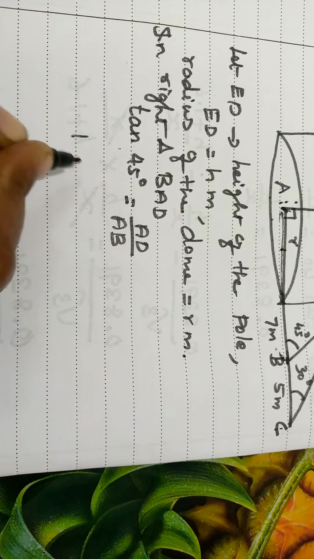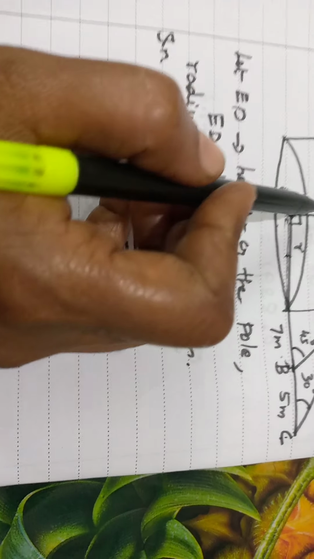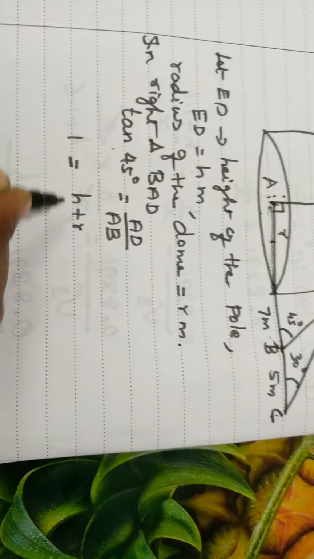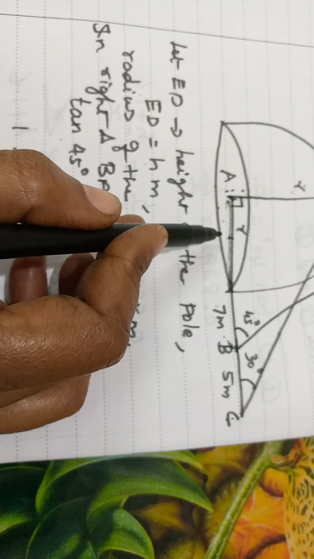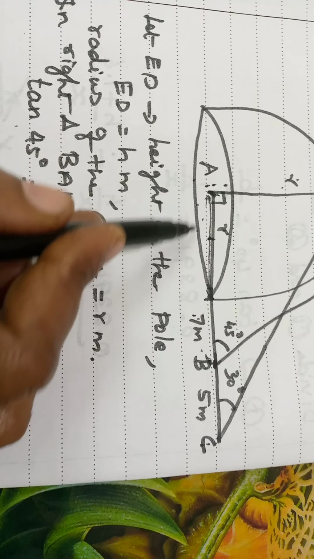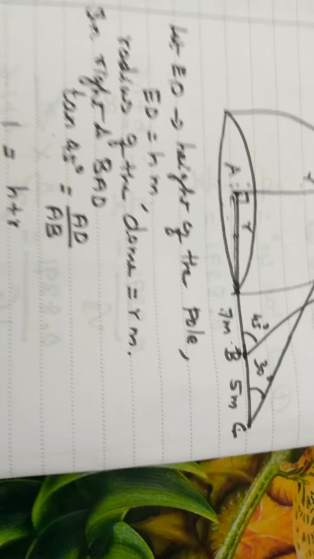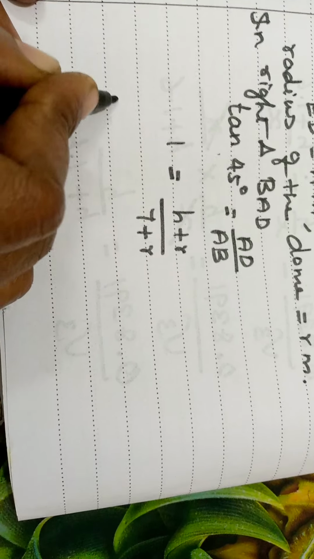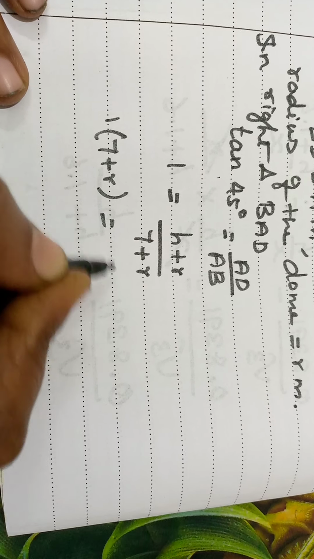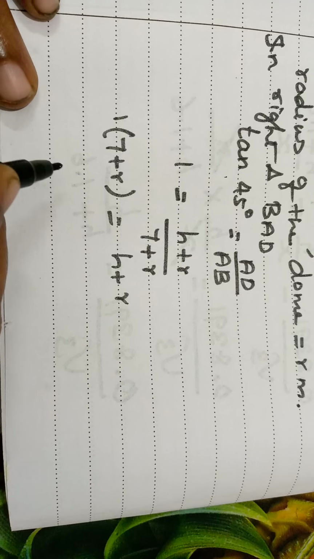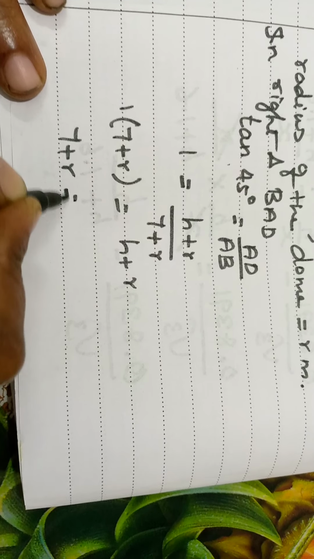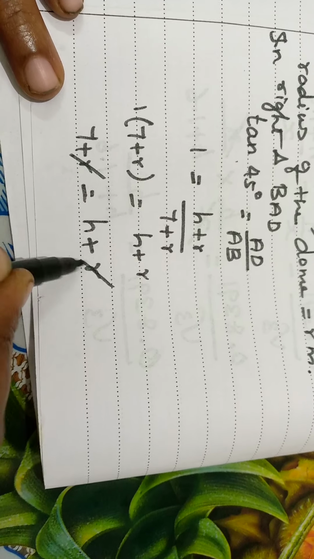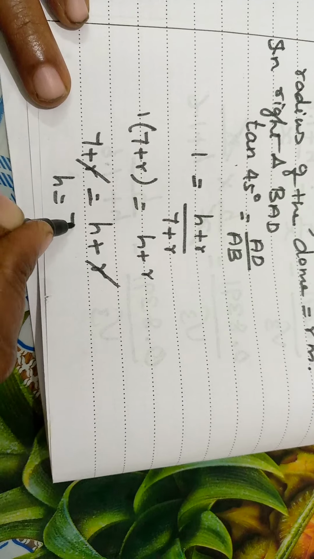So what is tan 45? 1. 1 is equal to, here AD is h plus R, total distance, by AB is R plus 7, or 7 plus R. Okay, AB, this distance, 7 plus R. Cross multiply it. 1 into 7 plus R equal to h plus R. It can be written 7 plus R equal to h plus R. Both sides R is there, can be cancelled. R can be cancelled, implies we get height is equal to 7 meter.